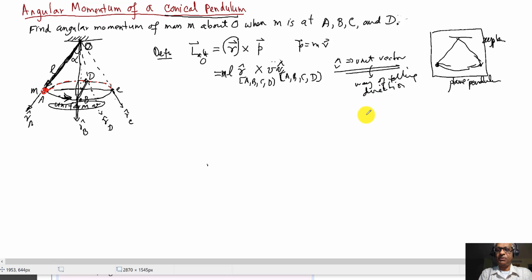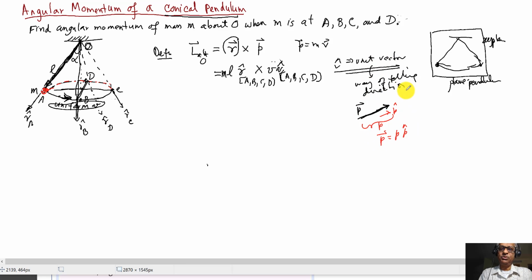Suppose I want to say momentum in that direction. Well, we can say, let's have a unit vector p hat, and the magnitude is p. So the vector p is actually p times p hat.